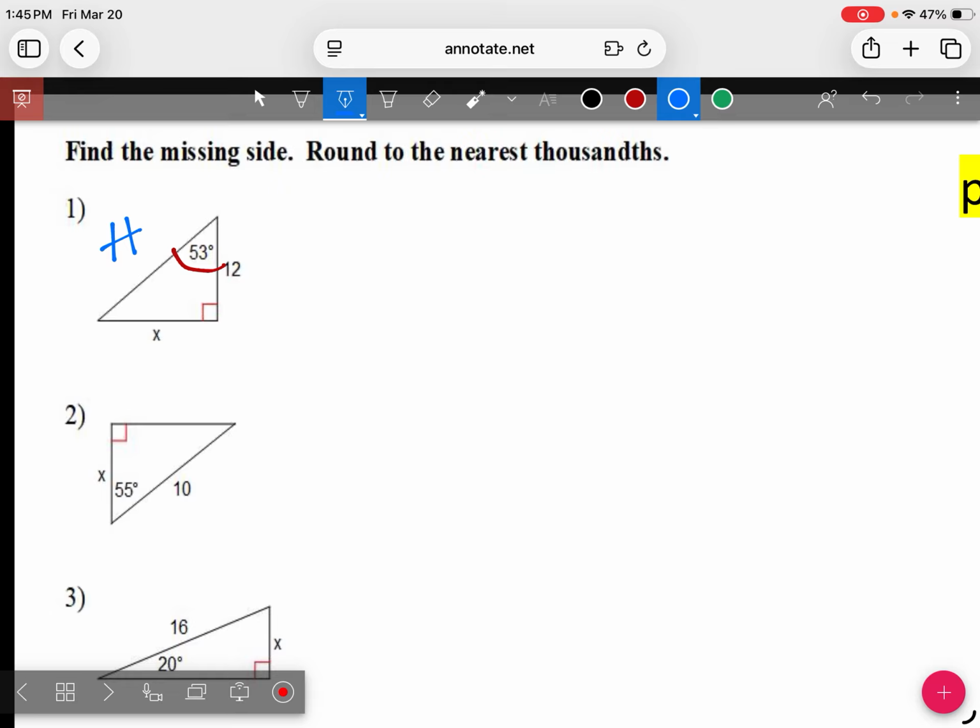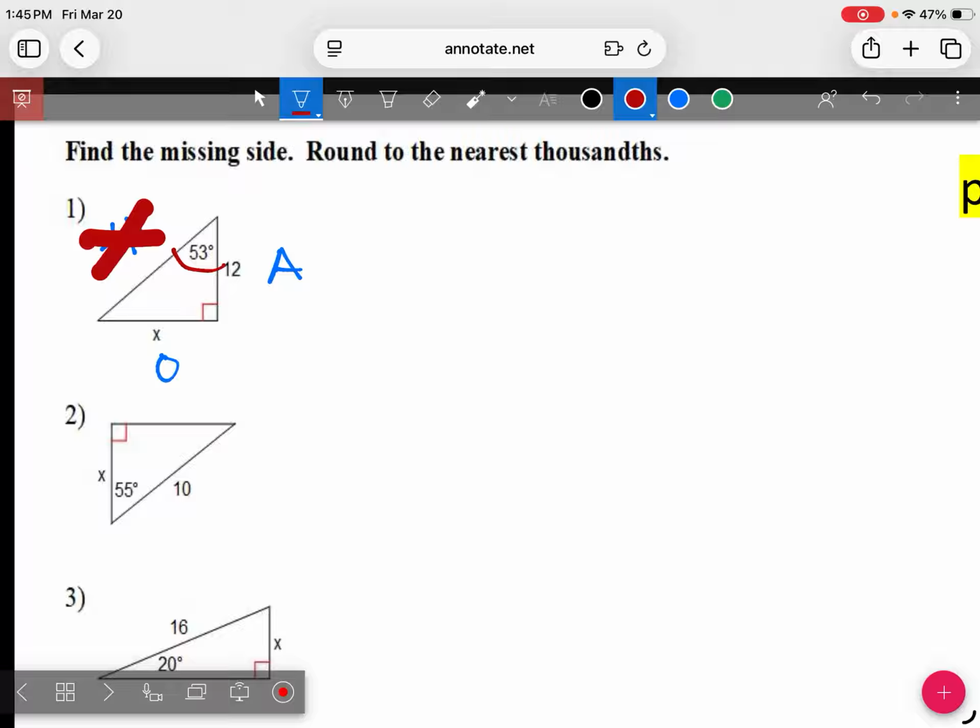Which one of these sides, the 12 or the x, is right next to 53? 12. Another word for right next to is adjacent. So this is A, which means X is O. All right, the side that we're not using is the side that's not labeled. What side isn't labeled? H. So I'm actually going to take that away. We don't need it. We need O and A.